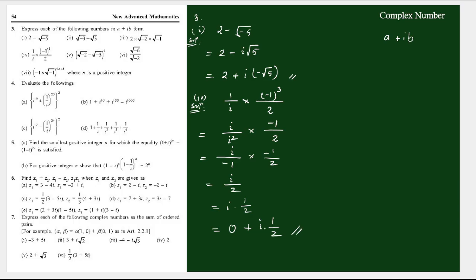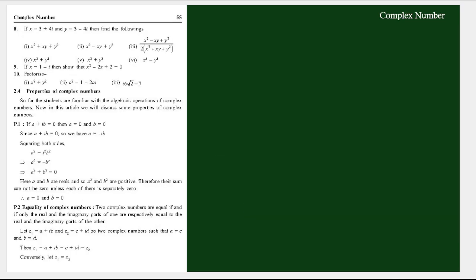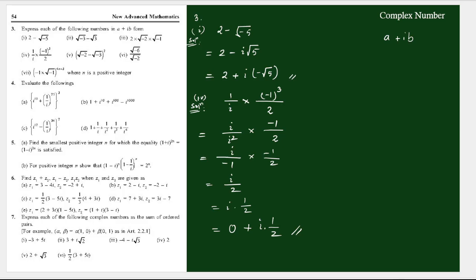This is your a plus ib form. Then you think you will be able to do 5 and 6 maybe. You try to do. Then we'll show you number 7.